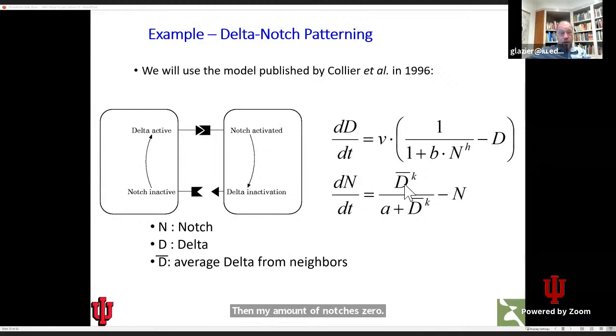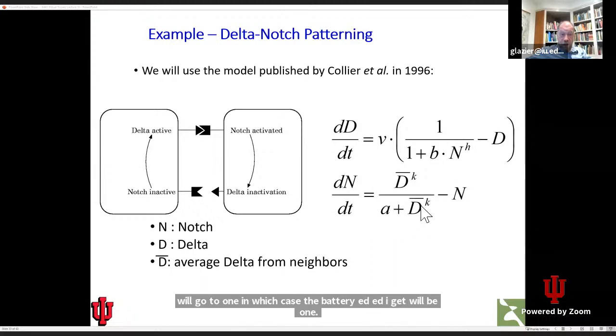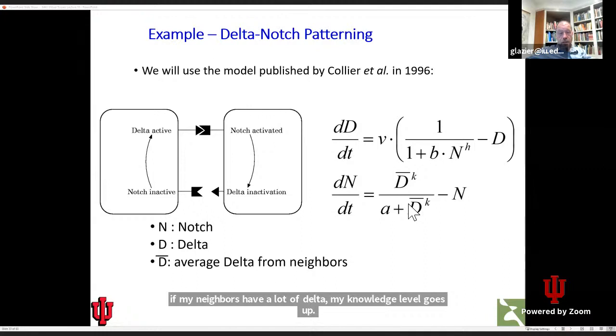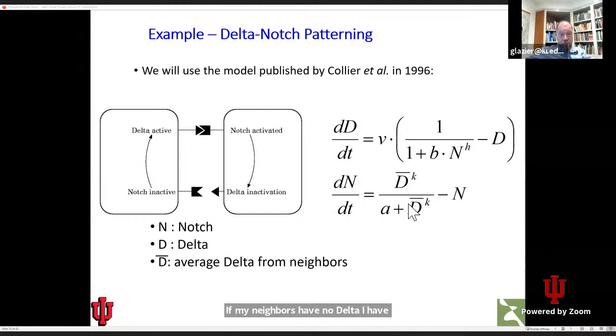If my neighbors have a lot of delta, I have delta prime to the k over a plus delta prime to the k. This is a Hill function. This will go to 1, in which case the amount of n I get will be 1. So if my neighbors have a lot of delta, my notch level goes up. If my neighbors have no delta, I have no notch. So that's the notch one.